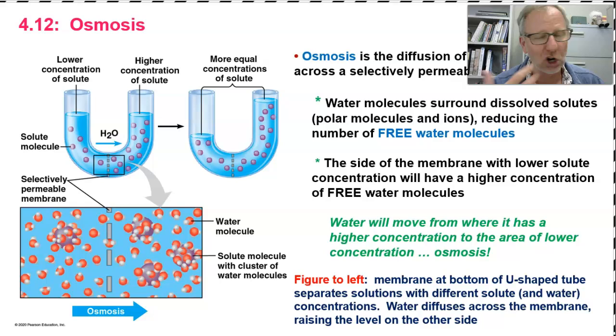It's just a term, a word given to the diffusion of water. Because water in all cells of all organisms on the whole planet needs to be able to move and diffuse across cell membranes, and biologists use this term osmosis for convenience to describe that process of water's diffusion.